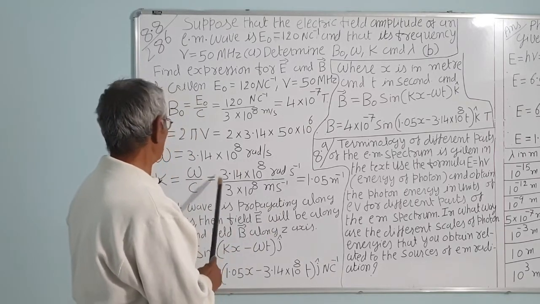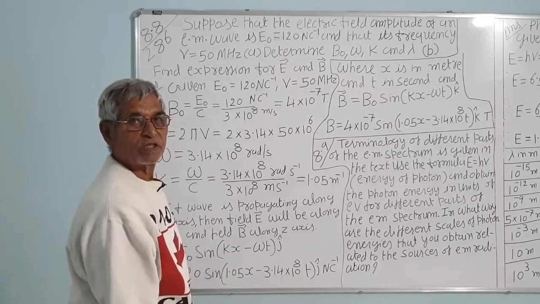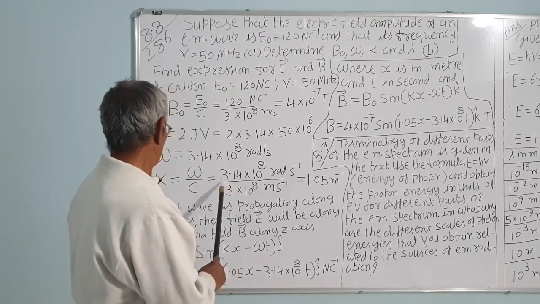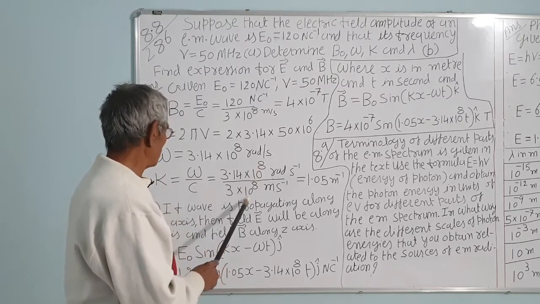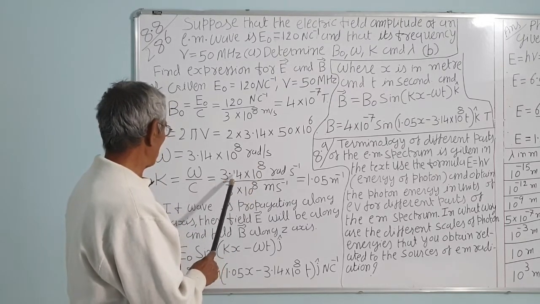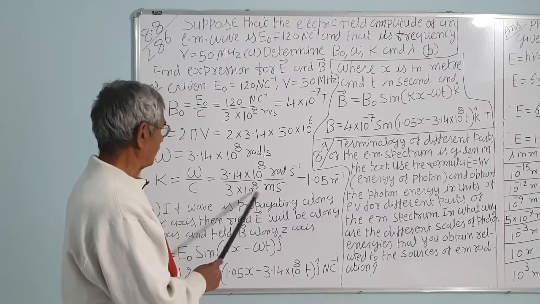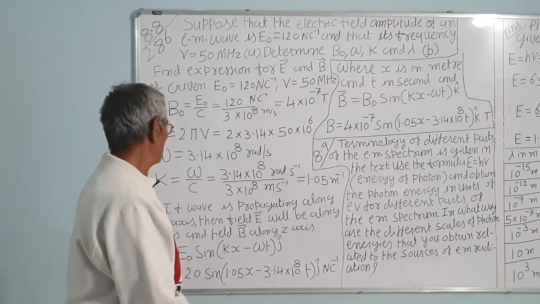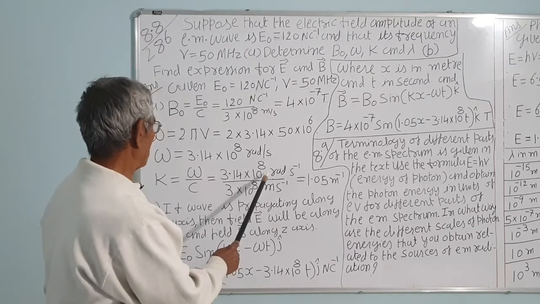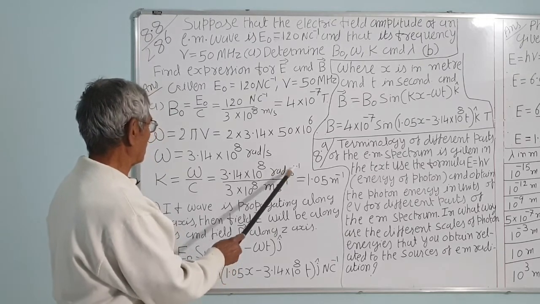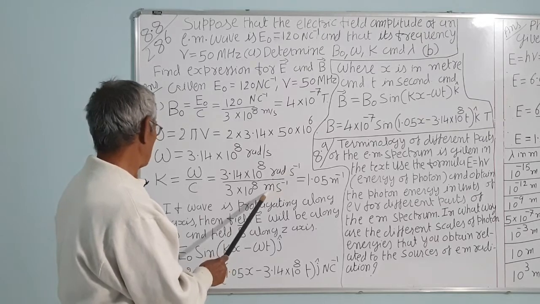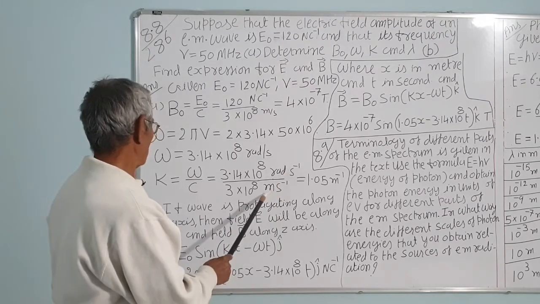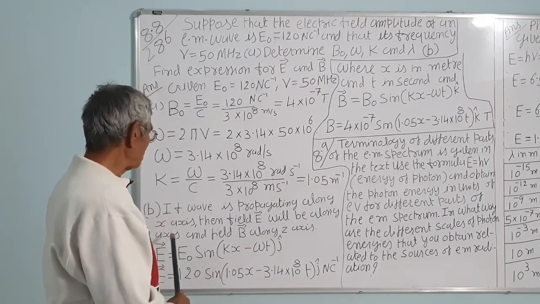K is omega by C, omega is 3.14 into 10 raised to 8 divided by C, velocity of light, 3 into 10 raised to 8. This will cancel, 3.14 upon 3, almost 1.05 per meter. Radian has no unit, so the unit is meter minus 1.